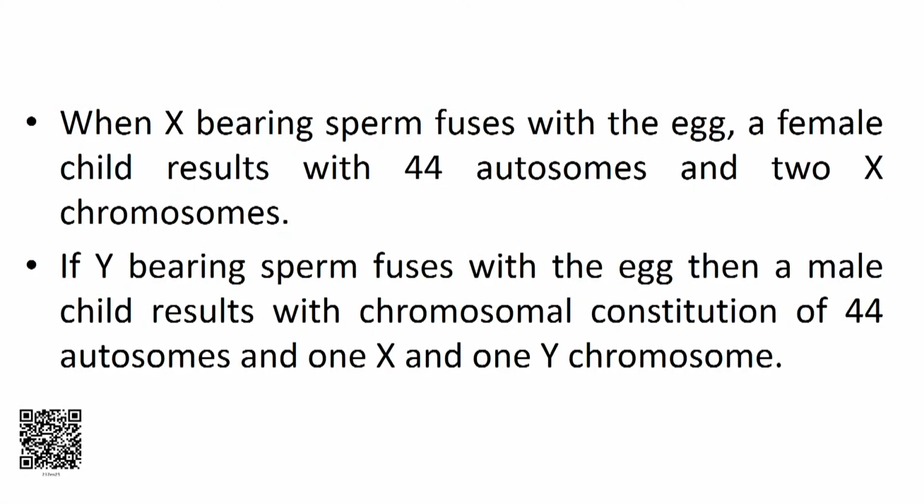So, when X bearing sperm fuses with the egg, a female child results with 44 autosomes and 2 X chromosomes. If Y bearing sperm fuses with the egg, then a male child results with chromosomal constitution of 44 autosomes and 1 X and 1 Y chromosome.